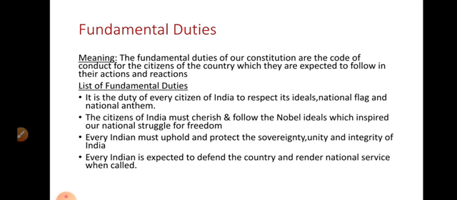So next, every Indian is expected to defend the country and render national service when called. That means each and everybody has to come forward to defend the country.